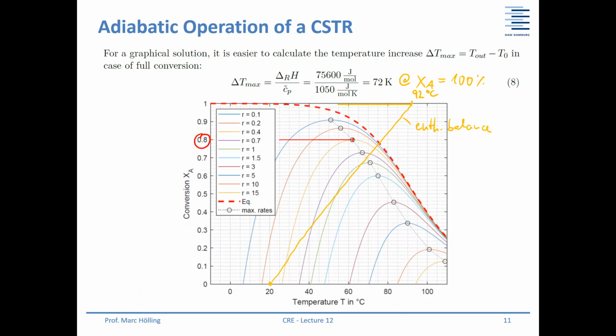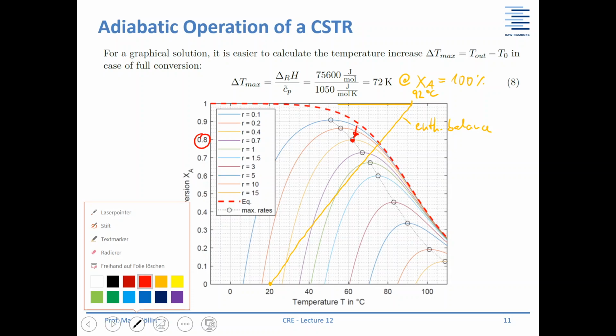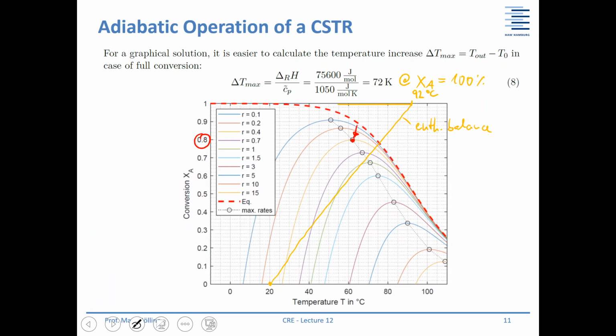And you know already, this is exactly this point here. So we want to go to this point, and we know how our enthalpy balance looks like. So what we have to do right now is just a parallel shift of this curve.